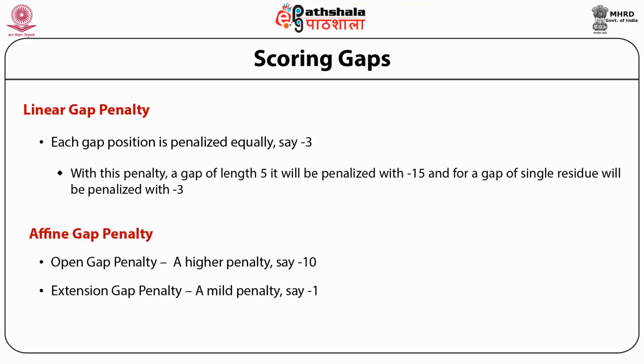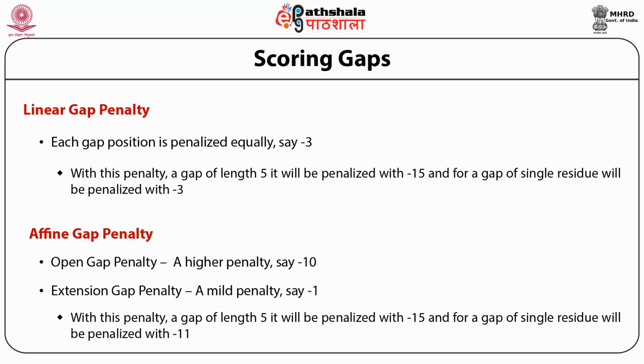This is based on the hypothesis that insertions or deletions in related sequences usually involve more than one residue. This does not allow insertion or deletion of individual residues independently, but presumes insertion or deletion of blocks of residues. Therefore, if there is a deletion, then a gap is opened with a large penalty such as -10.